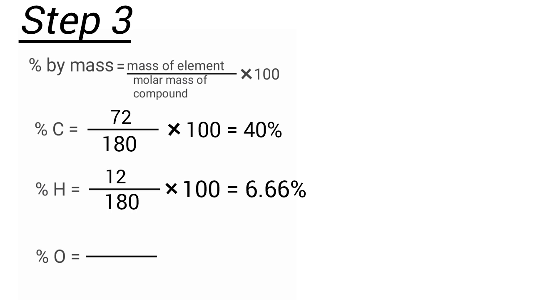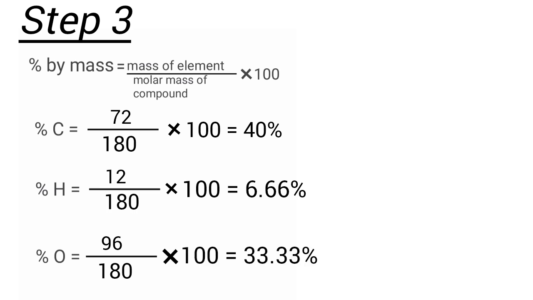Then for percentage of oxygen, we have mass of oxygen over molar mass of glucose times 100. So we have the mass of oxygen to be 96. So that is 96 over 180 times 100, which is 53.33%.